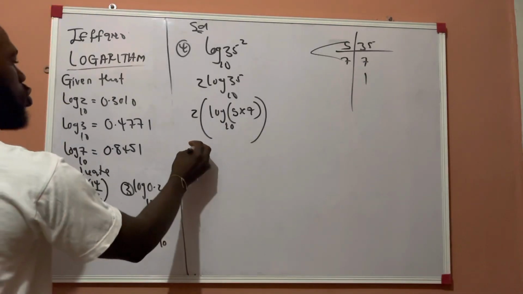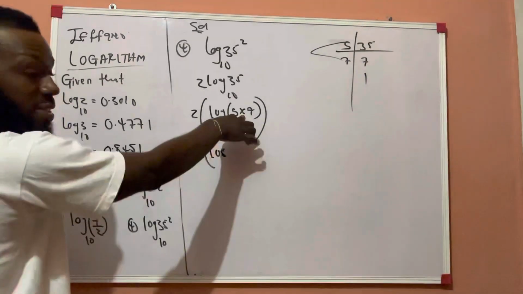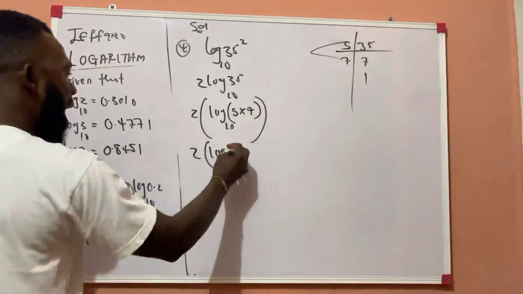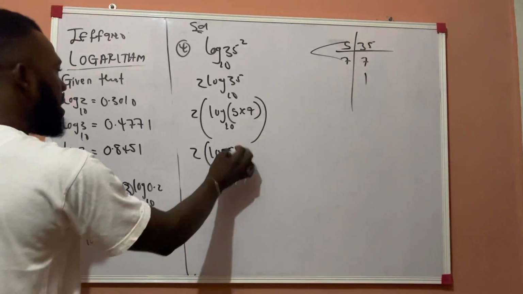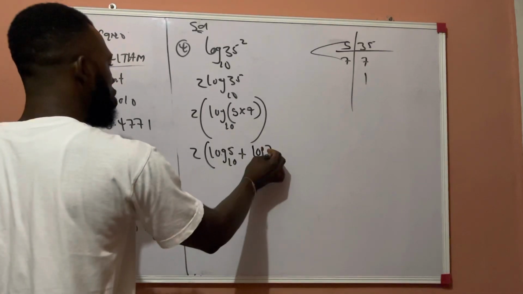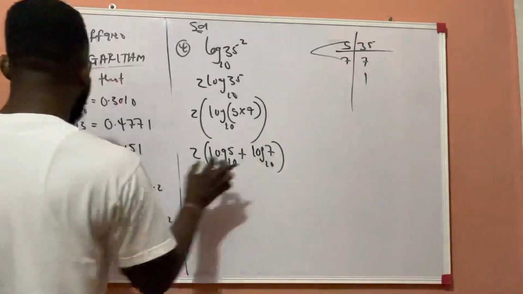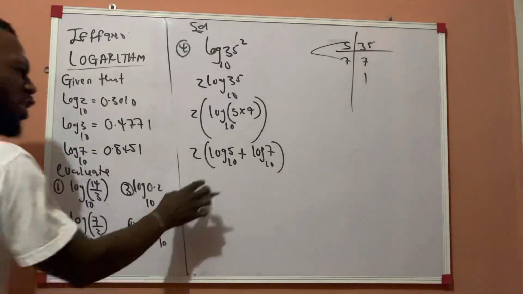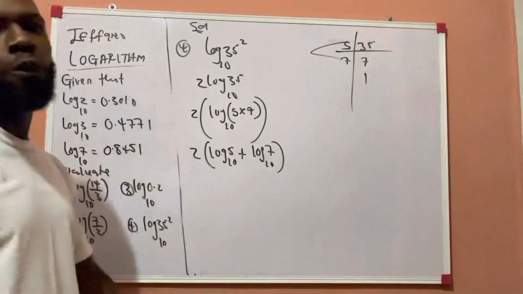Expanding now, times becomes addition. Log 5 base 10 plus log 7 base 10. Log 7 base 10 was given in the question, but log 5 is not given. How can we get log 5?